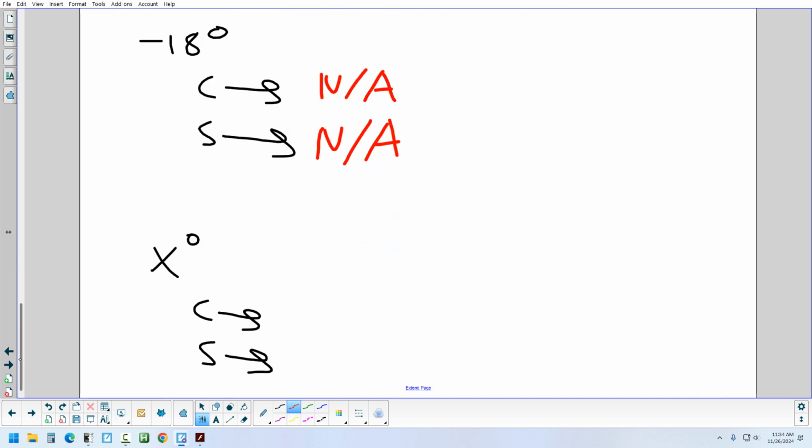All right, how about x degrees? I do have to tell you though, assume that x is acute. If you didn't know that, then maybe it wouldn't have a complement. Like if x was 100 degrees, there wouldn't be a complement. But now you know it does have a complement. How would you get the complement of x degrees? 90 minus x.